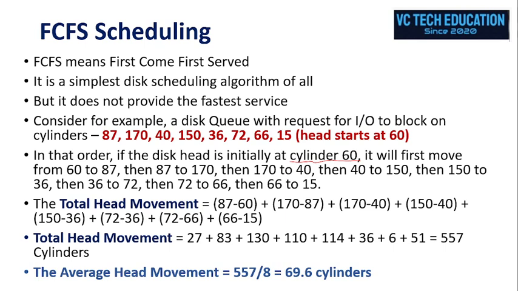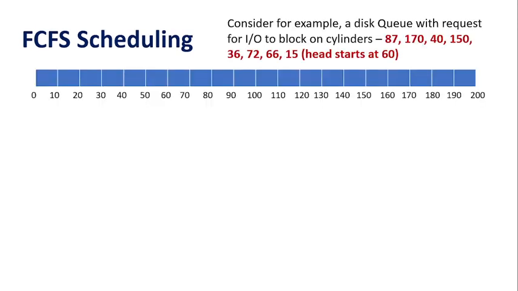Okay, let's check this problem. Consider for example a disk queue with requests for input output blocks on cylinders 87, 170, 40, 150, 36, 72, 66 and 15. The head starts at 60.